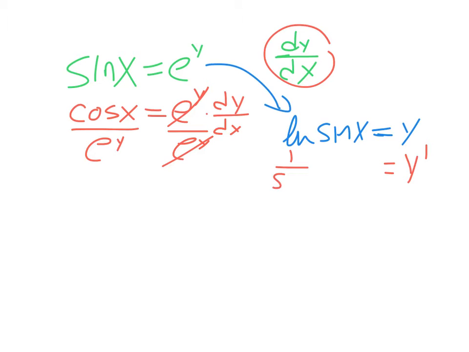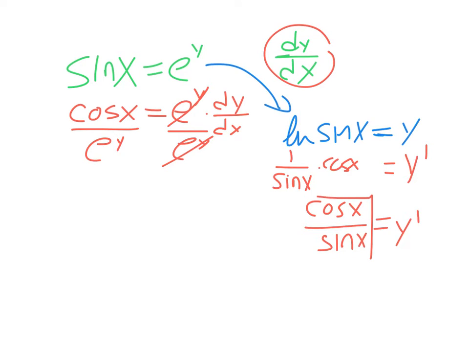So that'd be 1 over sine x multiplied by the derivative of sine x, and the derivative of sine x is cosine x. So we get cosine x over sine x. And that happens to be the same as cotangent of x. So cotangent of x is equal to y prime. That came out really nicely when we did some log stuff first.